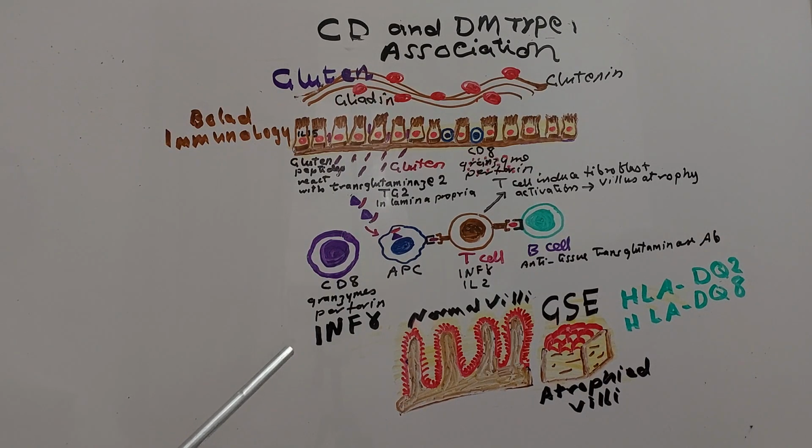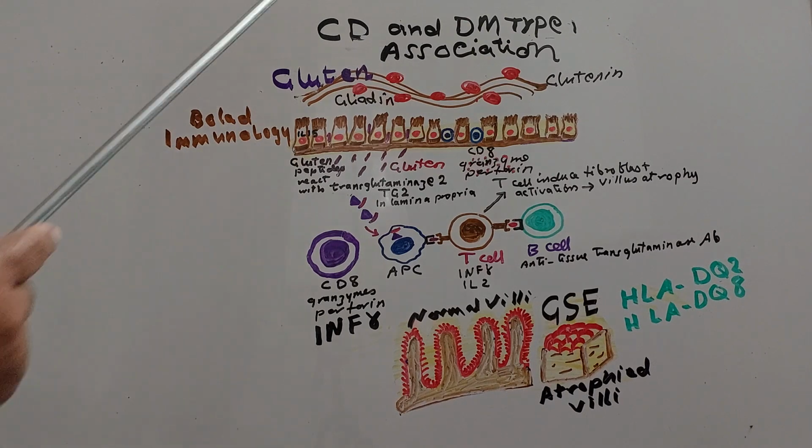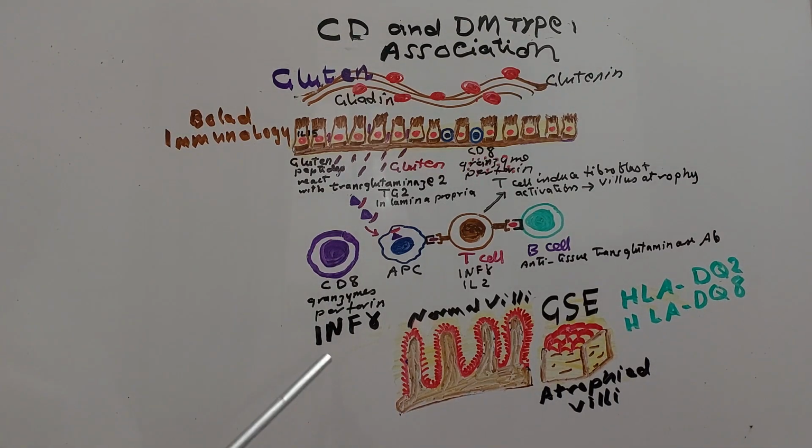So recent tests by detection of anti-tissue transglutaminase antibodies are of IgG. So you can still diagnose celiac disease in IgA deficient patients.